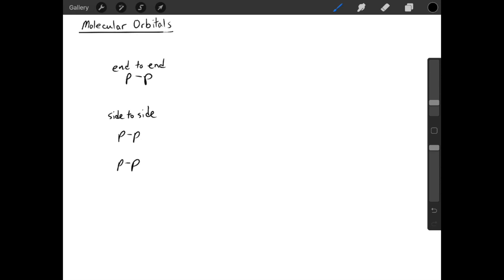So you're going to get a couple of different types of molecular orbital. You'll get end-to-end overlap. So you'll have two p atomic orbitals interacting, and they'll overlap, and they'll interact to form a bonding orbital and an anti-bonding orbital.